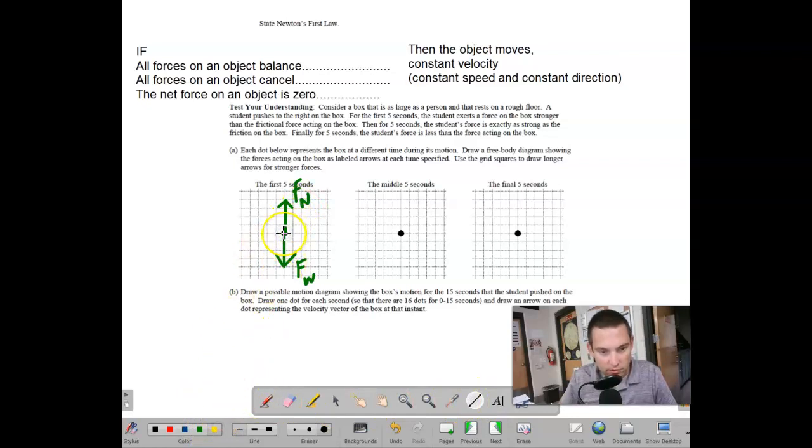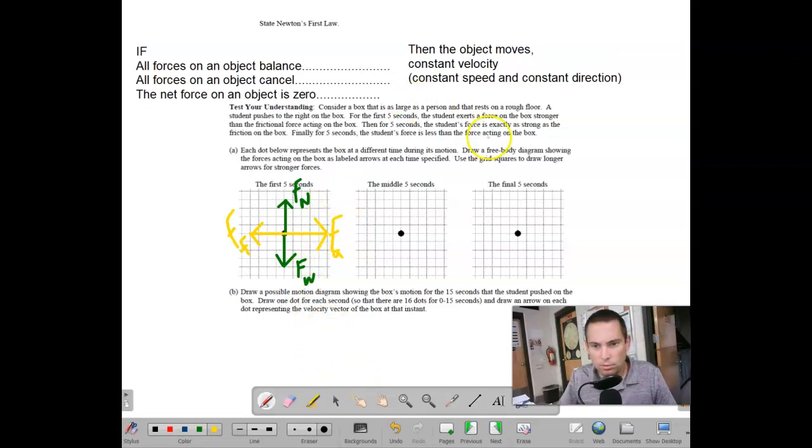Let's look at our horizontal direction. We've got pushing more than friction. And we know this one is F friction, and this one he's pushing with his hand, so we're going to call it FA.